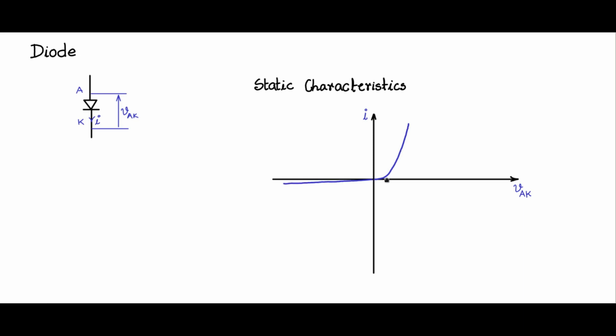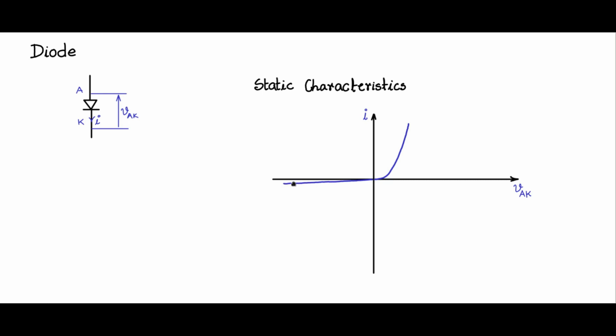On the reverse side, if VAK is applied negative, which means that the cathode is more positive than the anode, there will not be a flow of current. You see that the resistance is very high.